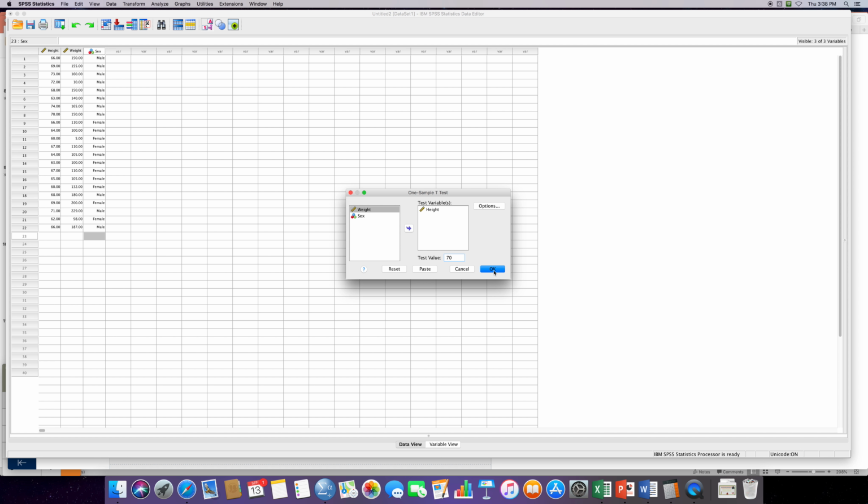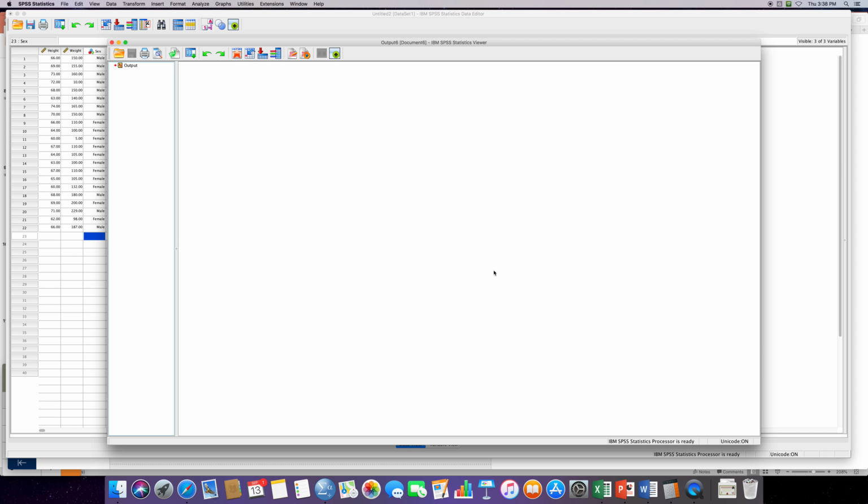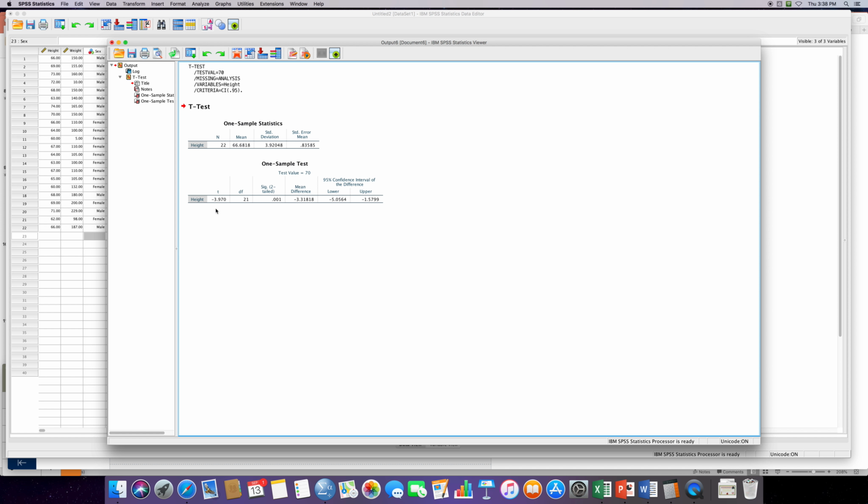And I want to see if my little group here, at my really, really small high school in North Dakota, wherever I'm at, has a statistically significant difference in height. So I'm going to go, okay, and the output shows me, yes, that my little high school group of boys and girls on this high school team are statistically significantly shorter than the population that had an average height of 70 inches or 6 foot 10.